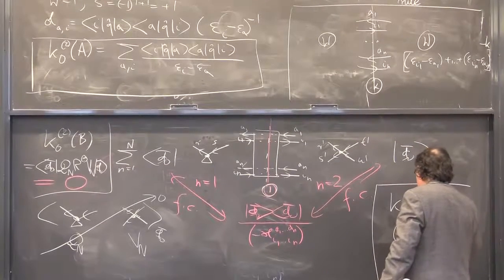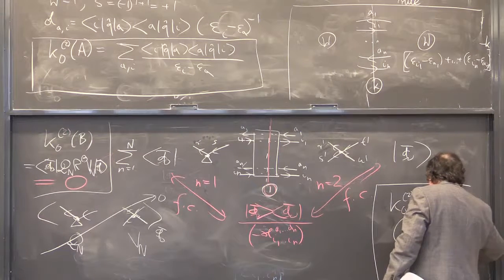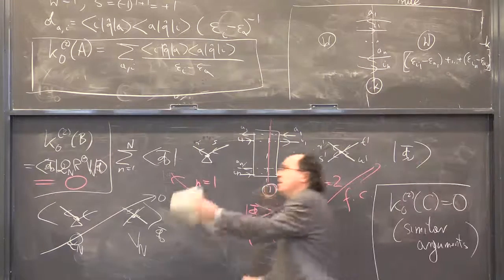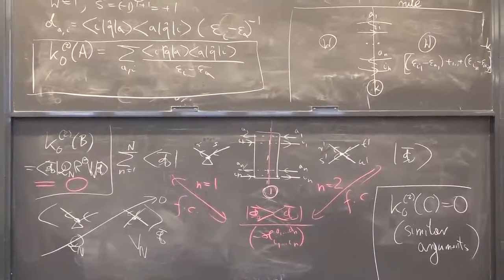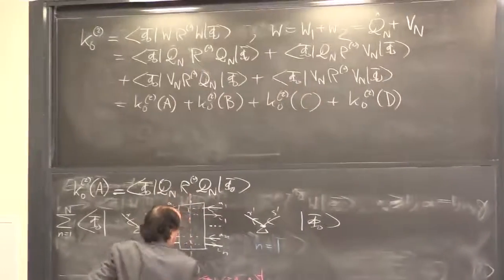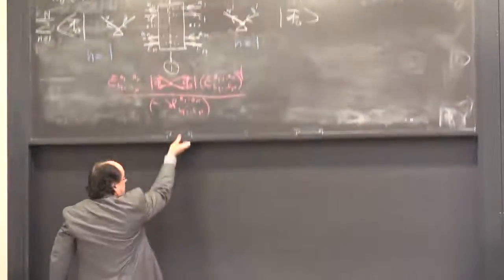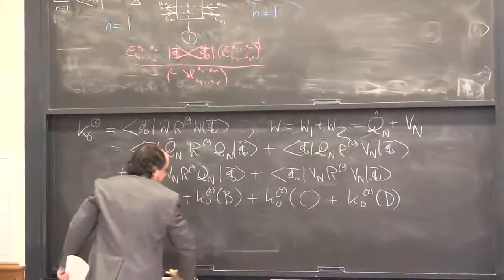So, if you permit me 2 minutes so that I finish this and have a fresh start, let me do the final part, the D part. For the D part, I have 2 V operators right here.